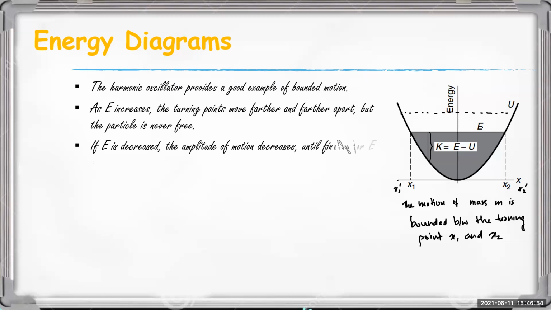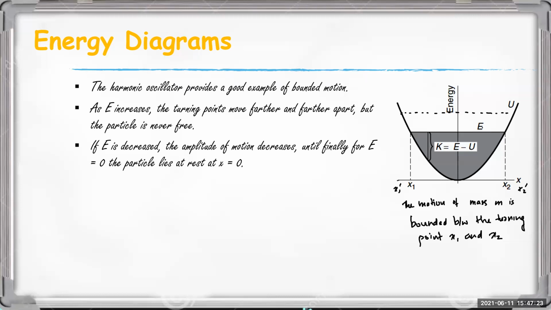If the energy is decreased, then the amplitude of the motion decreases. The x1 and x2 separation decreases, so the amplitude decreases until finally E is equal to 0.